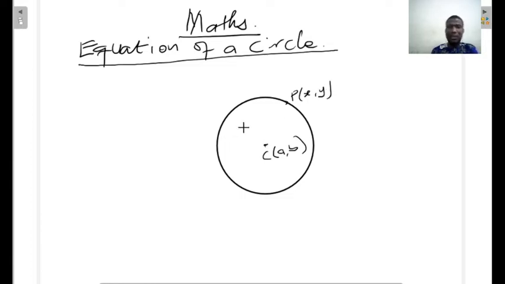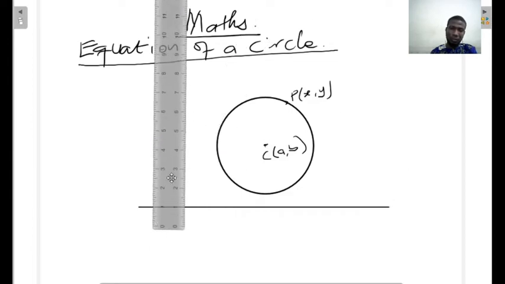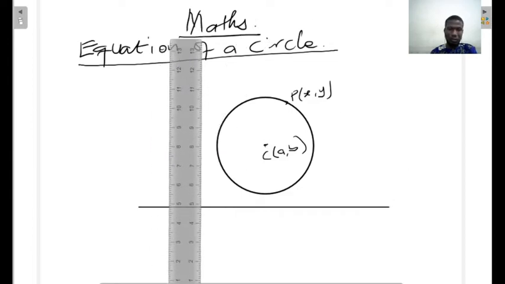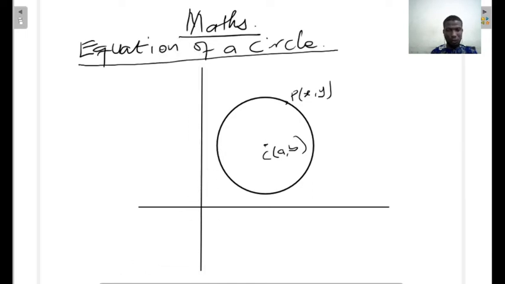Then let me have this circle in a Cartesian plane. Good, so I have this as my x-axis and this as my y-axis. Alright, and this is my origin. Good.